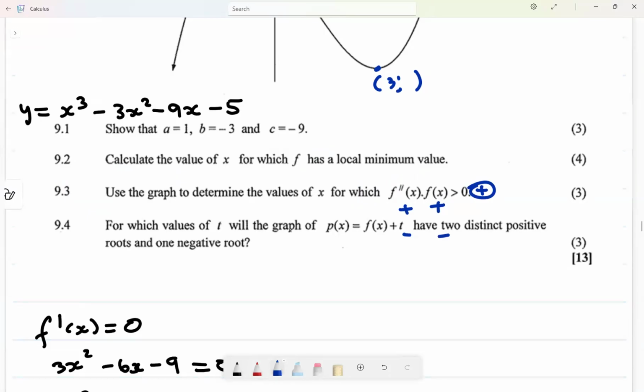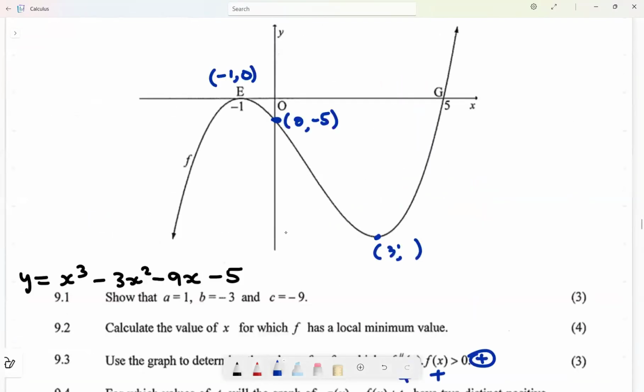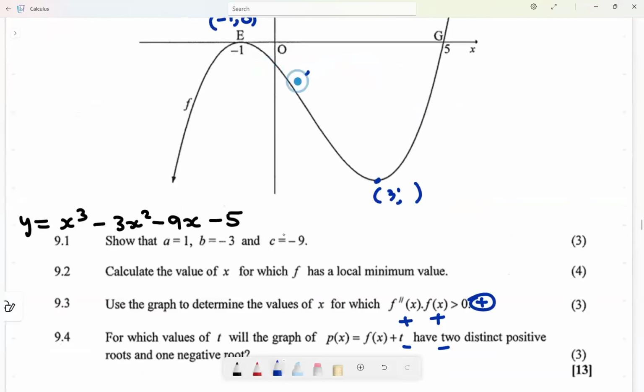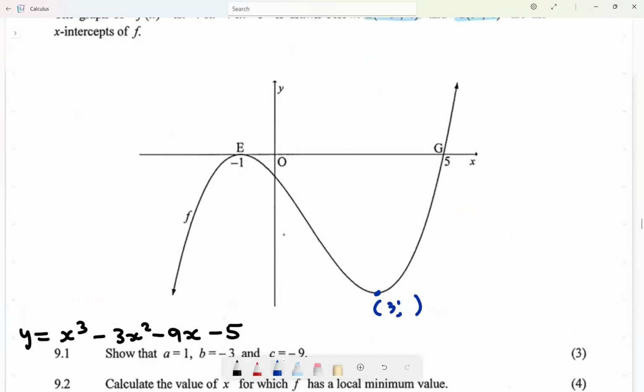Okay? So, first thing first that I need to do, I need to draw my what? I need to draw this graph of second derivative. How can I draw that graph? Let's check the point of inflection first, guys. Point of inflection, it is a point between what?